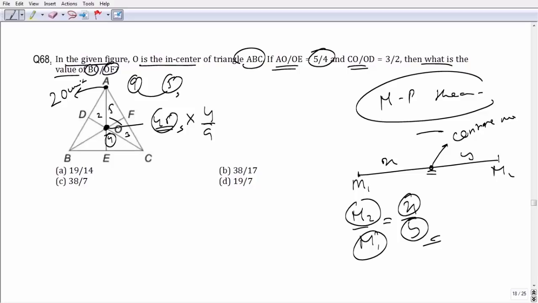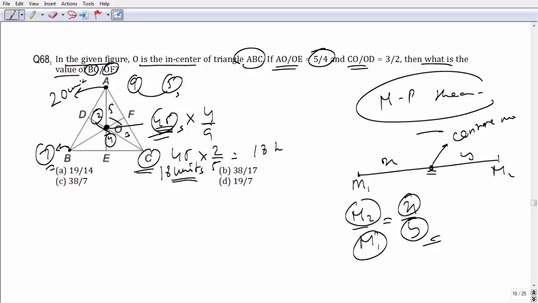Similarly about the line CD, since the same center of mass lies on all three lines, the ratio has to be considered for all three lines. With that view, the mass that will be concentrated on point C would be the total mass, again 45 into 2 by 5, and that turns out to be 18 units. Now, since we know that the total mass is 45 units, the mass of point B has to be 7 units.